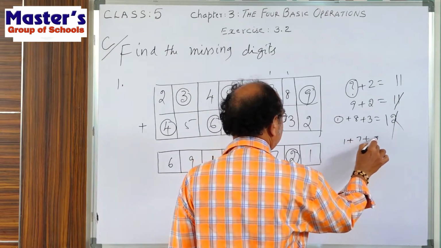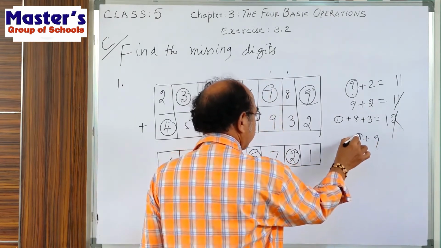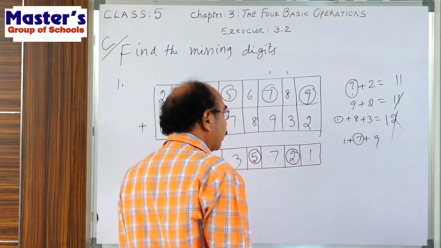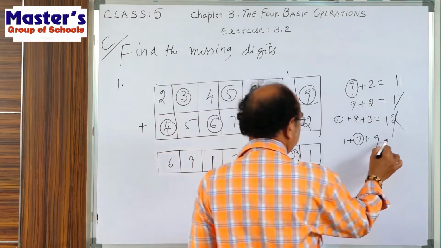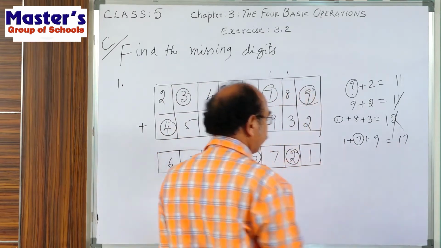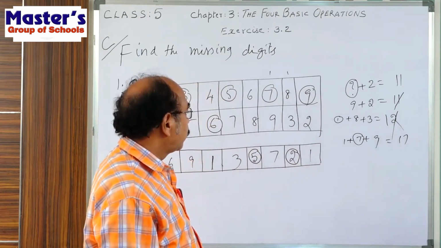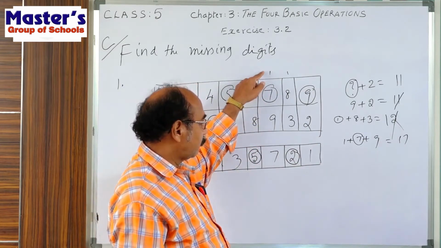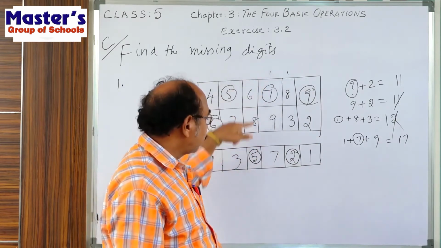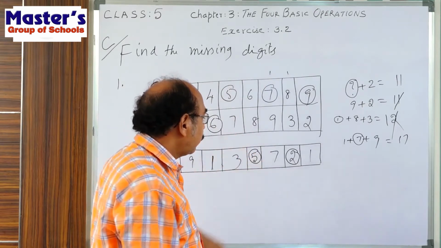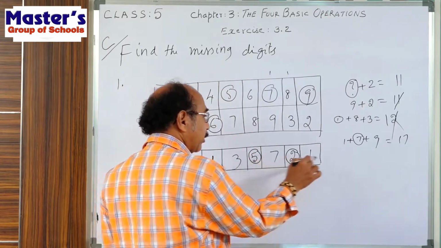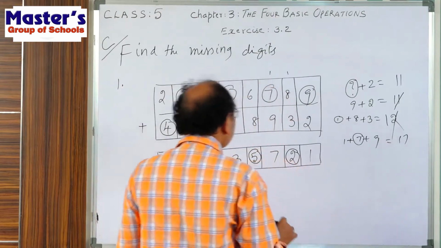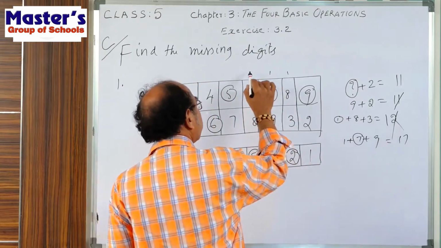So here 9 plus 1, 10. 10 plus 7, 17. Then 7 here we write and 1 is there. That 1 we write in the next.